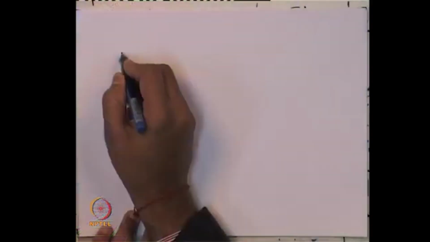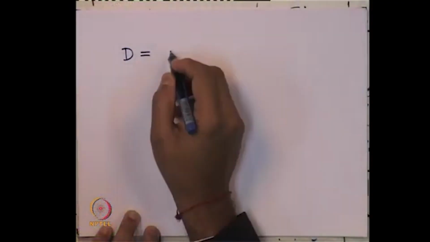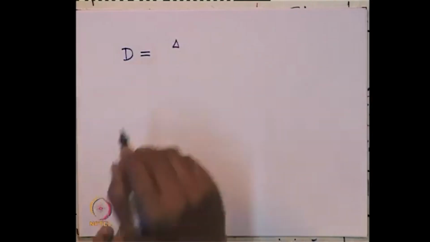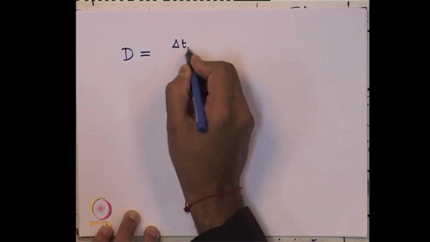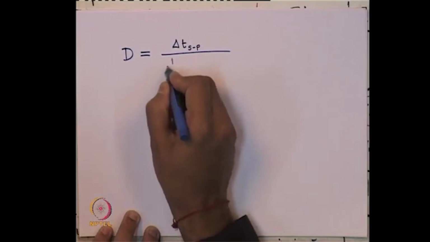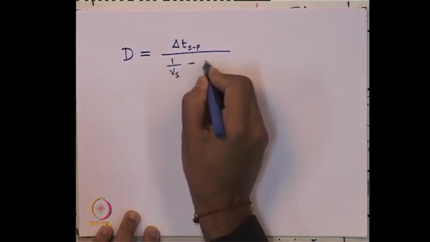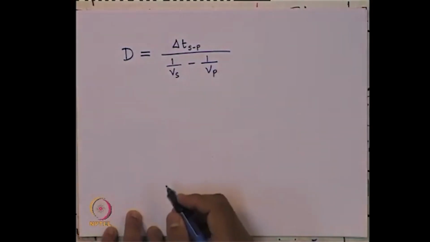The distance d, as we have seen just now, is calculated as delta t, the time difference between S and P, divided by 1 by Vs minus 1 by Vp. So, this is the formula we have already seen.